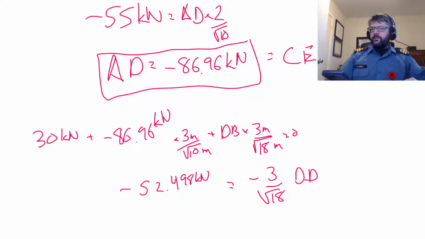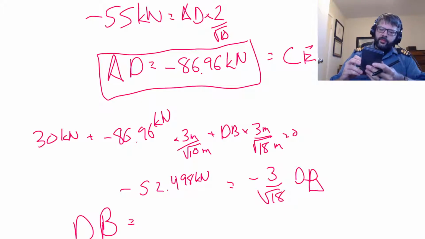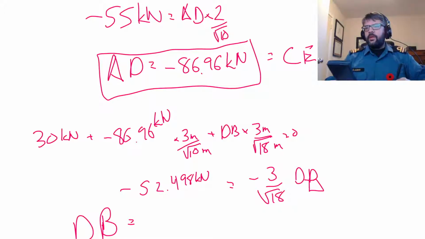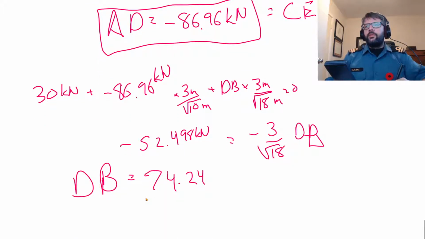So solving for DB, negative 52.497 divided by negative 3 times root 18 gives us 74.24 kilonewtons.